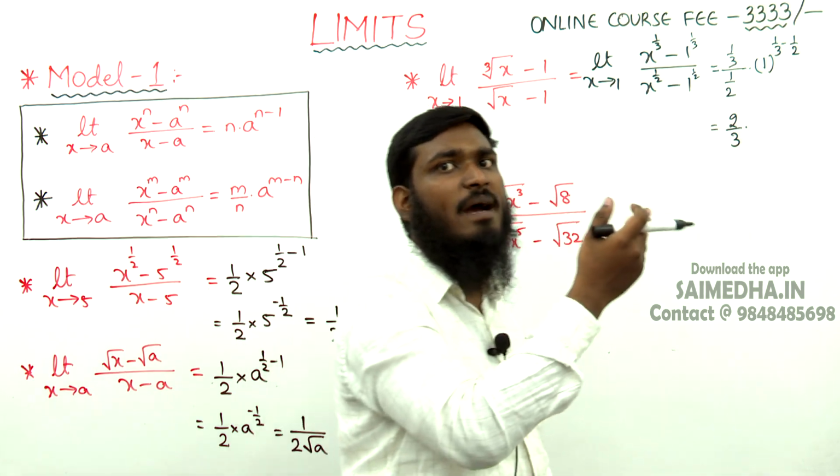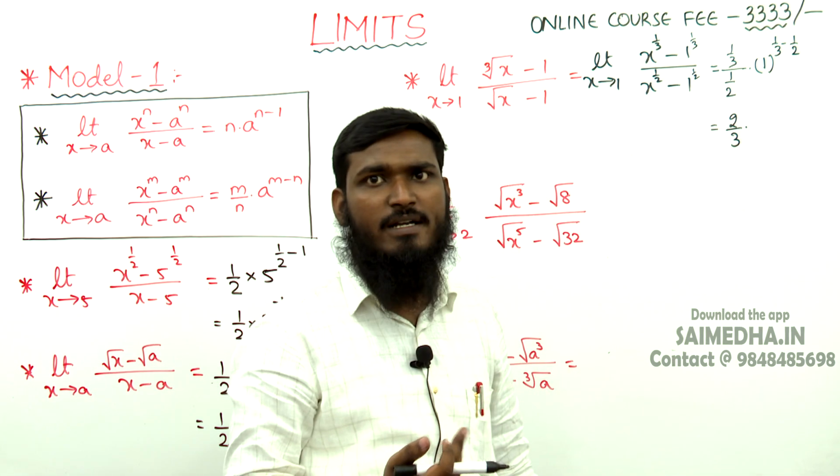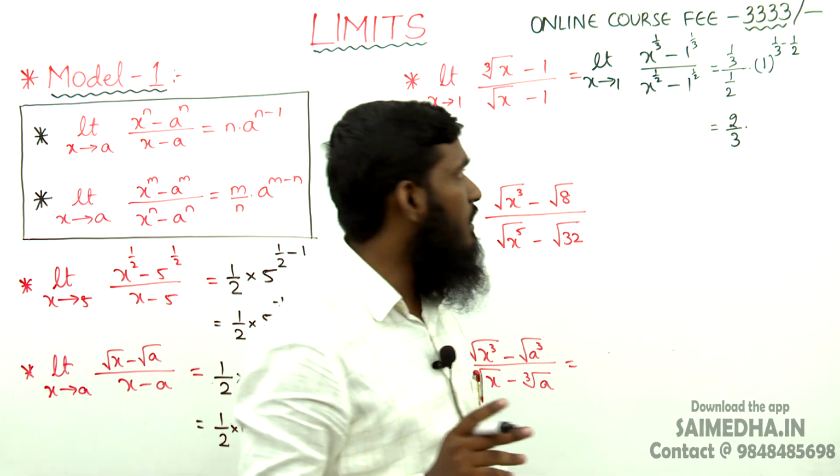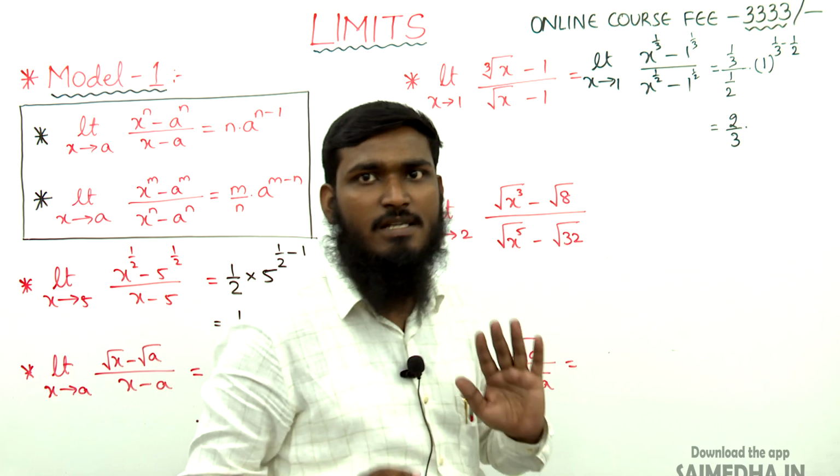Again, if you want to remove that minus sign from the power, we have to write it in the denominator, but it is 1 power actually, and 1 power will become 1 only. So 2 by 3 into 1 is 2 by 3.